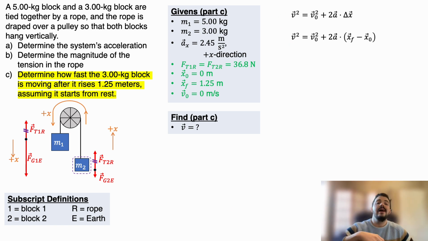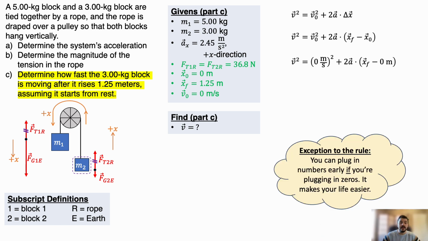Now, you know the rule for my class at least, you're not allowed to plug in numbers until your find is isolated. There is one exception to that rule, and the exception is that you are allowed to plug in zeros early if it makes your life easier. So I'll go ahead and do that. I know the initial velocity is 0 meters per second, and I know the initial position is 0 meters.